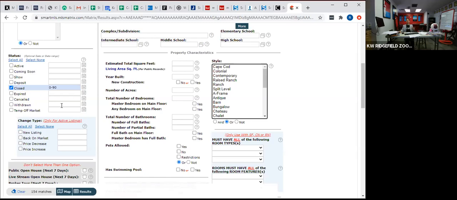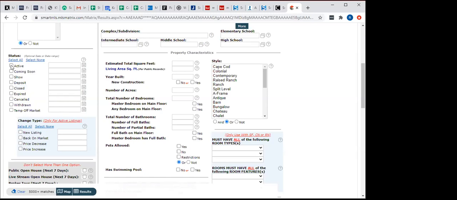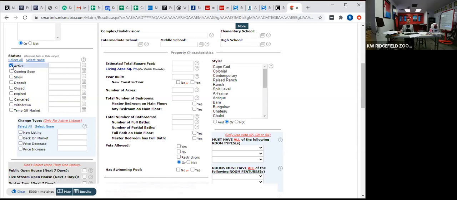Because now we know what the rate of absorption is, we have to know what? How many are on the market right now? Exactly right. So we go up here and click active now, and we're given 138 properties active on the market. Now you can already tell where we're going here, you're all brilliant at math.